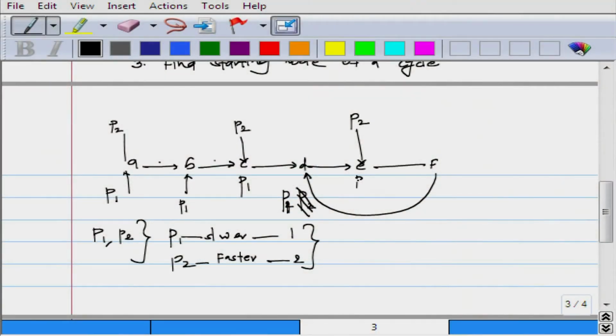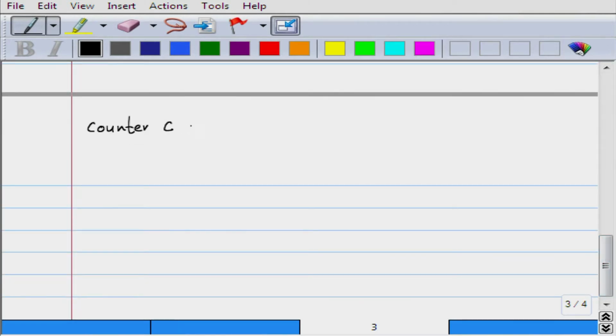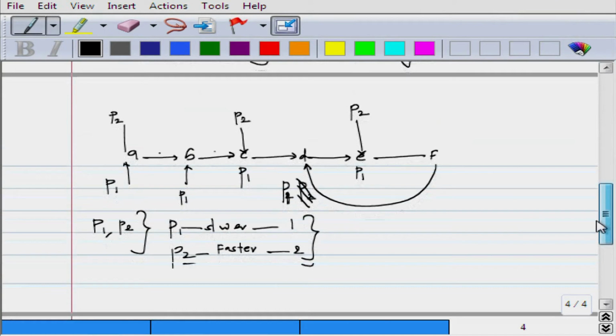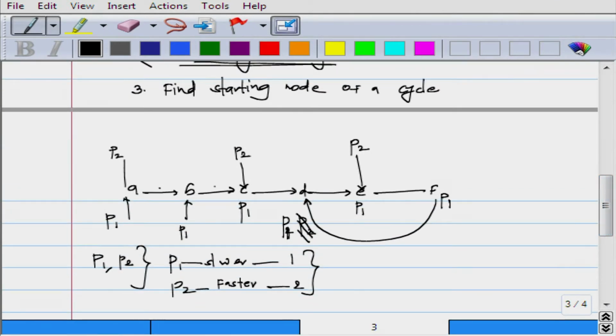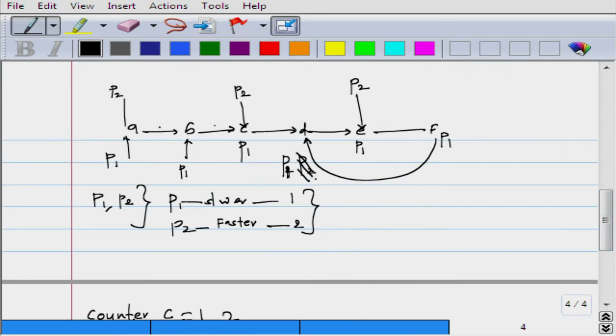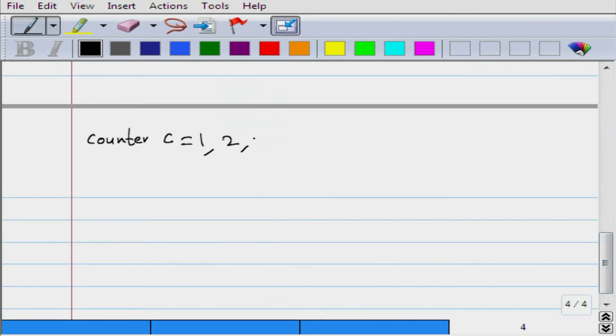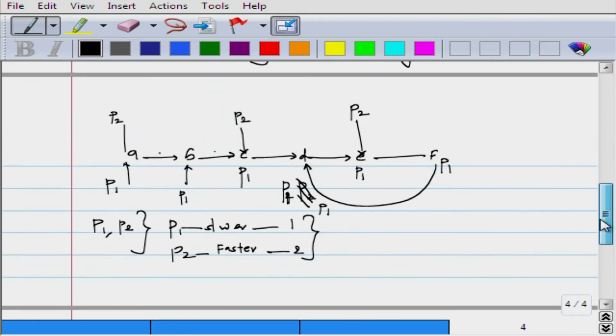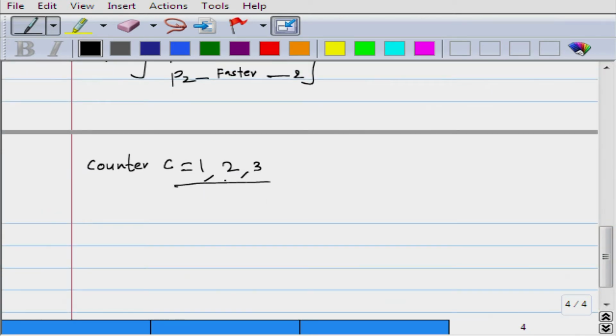As we are advancing pointer P1, the slow pointer, at the same time increment the counter by 1, right. So here, next step P1 is pointing over here, then the counter becomes 1, then P1 is pointing over here, the counter becomes 2, and at last once again P1 goes back to D, then the counter becomes 3. So the last value of the counter C is 3.